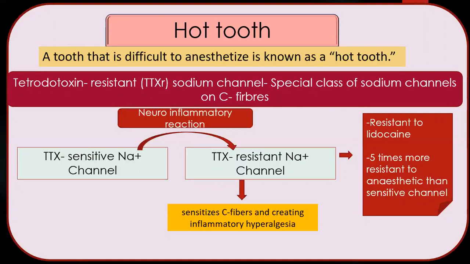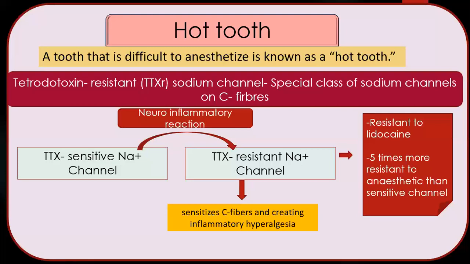Because they are not getting anesthetized, even if we give anesthesia, the patient feels the pain and we are not able to treat that tooth. So we may get confused and think we haven't given the inferior alveolar nerve block properly, but we have given everything properly and still the patient is having pain.